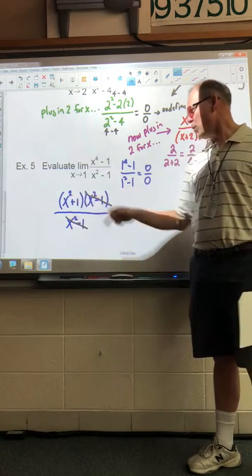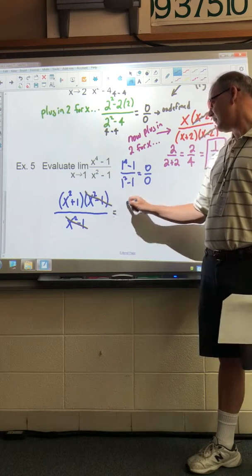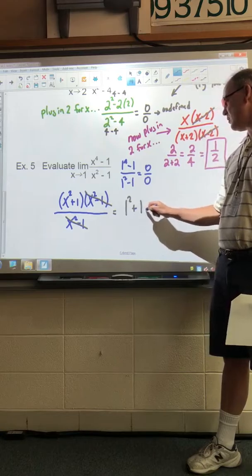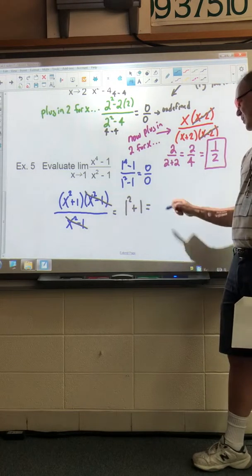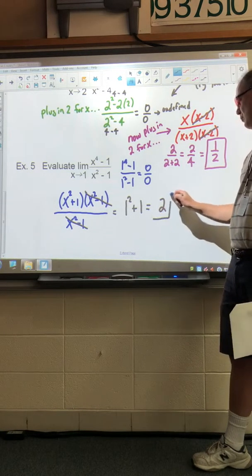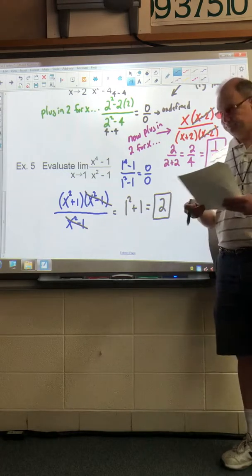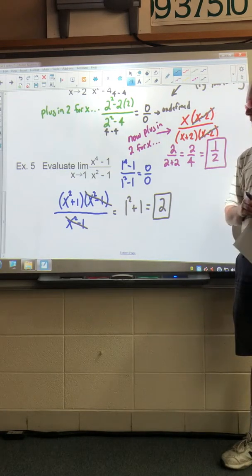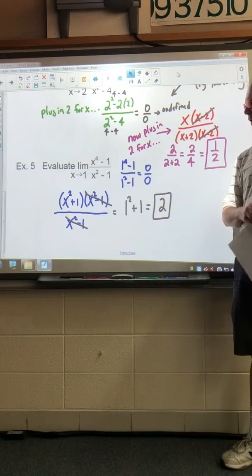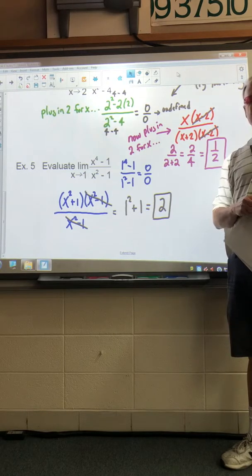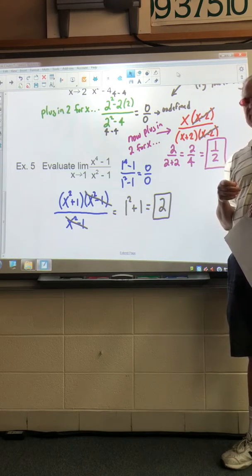So now if I plug in 1, I've got 1 squared plus 1. So 1 plus 1 is 2.